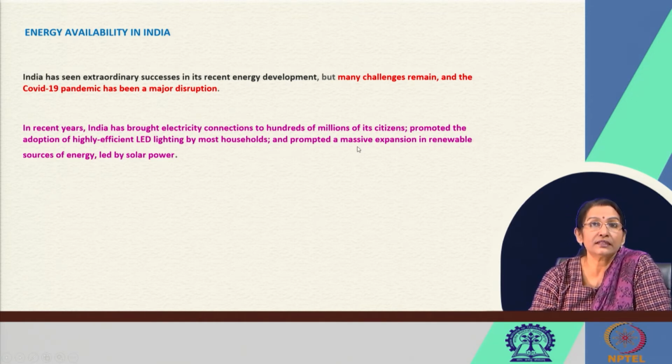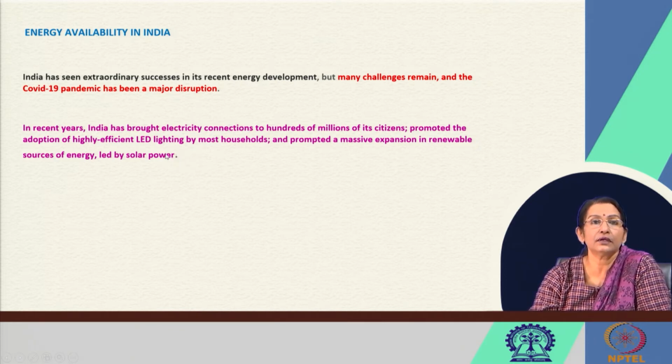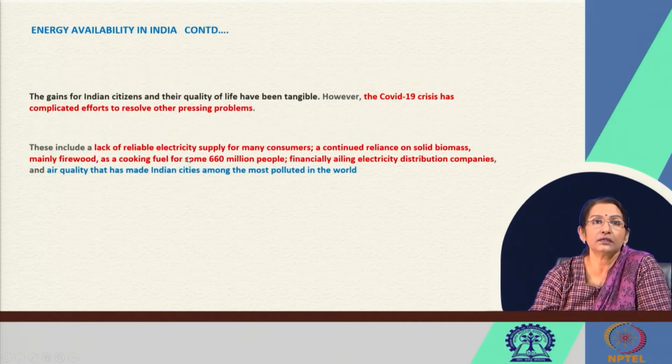Similarly, a massive expansion of renewable energy sources through solar power, wind power, and research in hydro energy. Now, most vehicles are coming up with chargeable batteries. That is also the latest development in the research of minimum energy consumption and energy conservation.